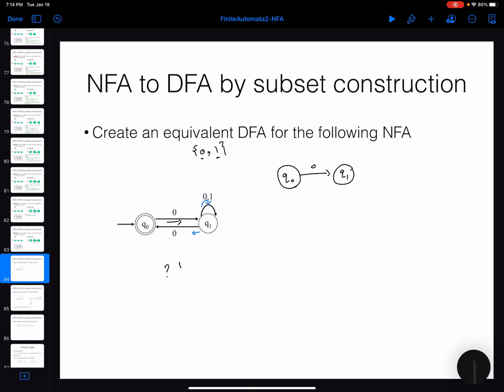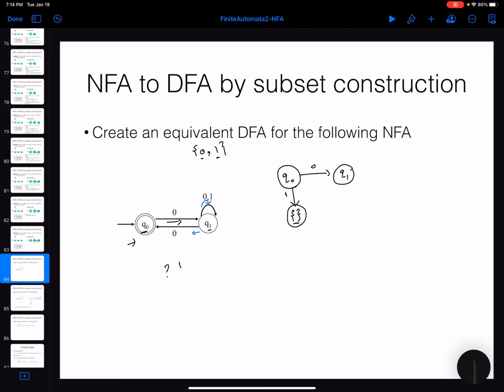This can basically be represented as a situation where you are not in any of the states Q0 or Q1. So I can represent it using a state, and I can show it in this way. If you started at Q0 and you see a 1 in your NFA, you are not going anywhere, so I'm going to create one state for that in my DFA.